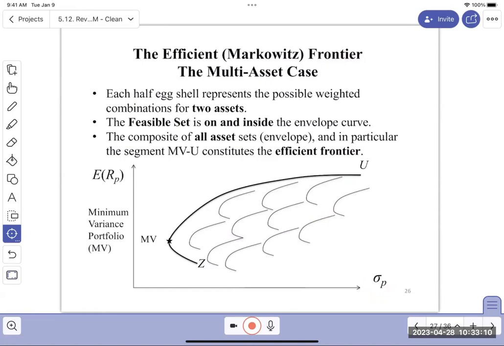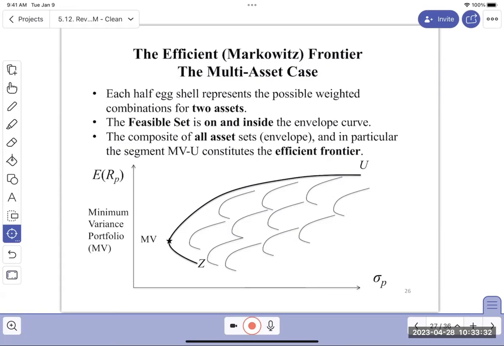And now the feasible set is all combinations, because you might just choose two, right?